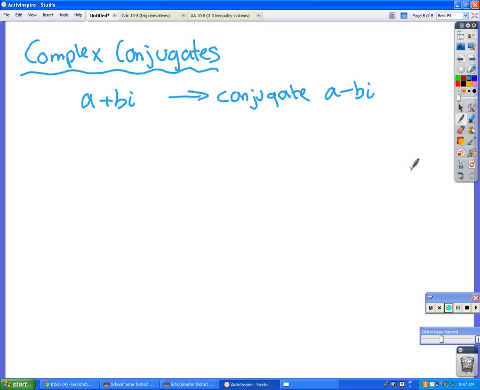And the reason why this is fun is because if you multiply complex conjugates together, watch, stuff cancels out. a times a is a squared. a times negative bi is negative abi. a times positive bi is positive abi.